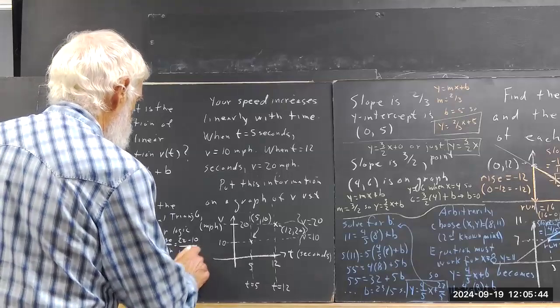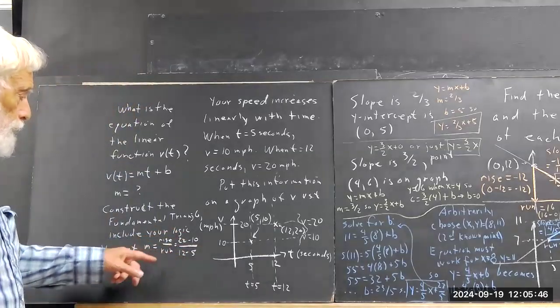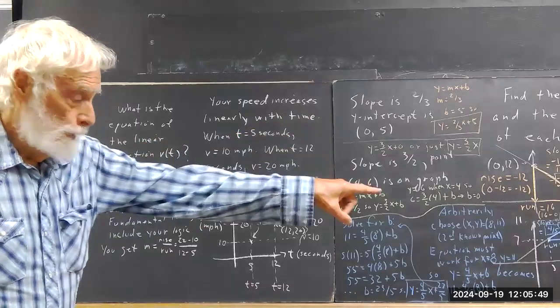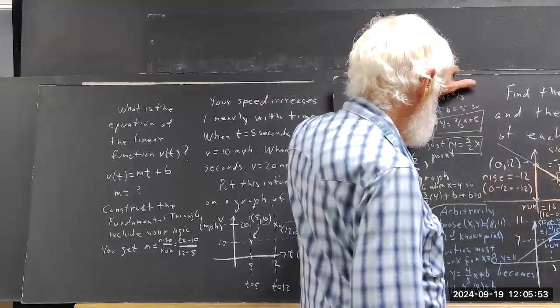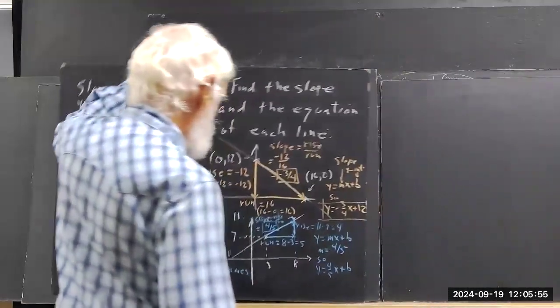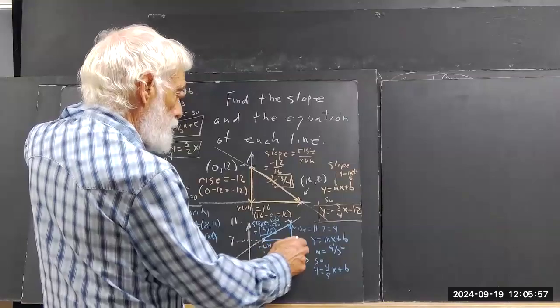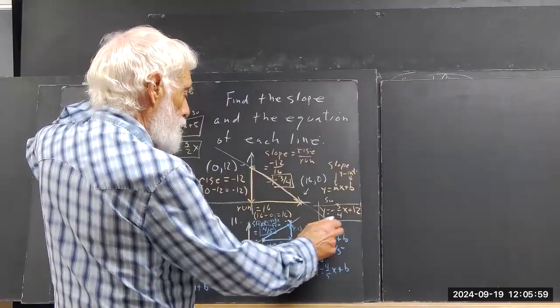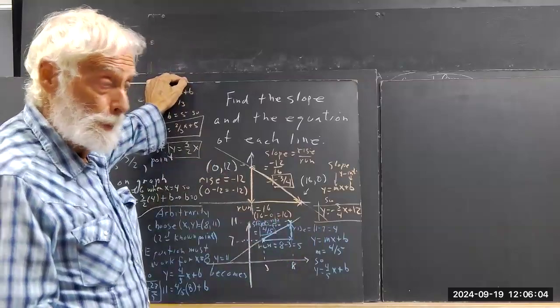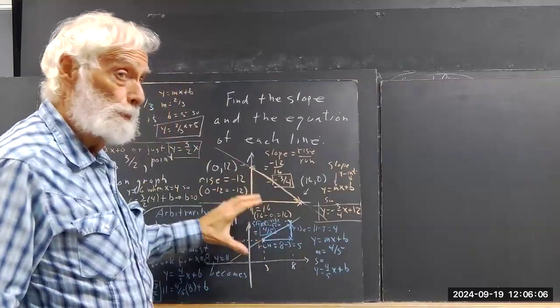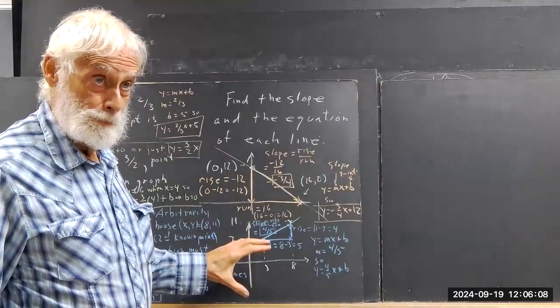I don't recommend that you write this out as a formula. I recommend that it comes from labeling the fundamental triangle, where you show, for example, as we did here, run is 8 minus 3, which is 5. Rise is 11 minus 7, which is 4. And these don't come from symbols that you remember. They come from what you tangibly see on the graph.